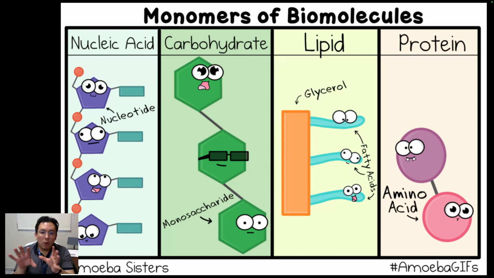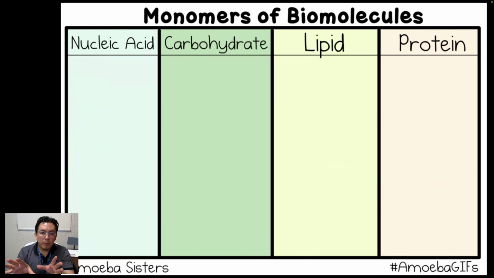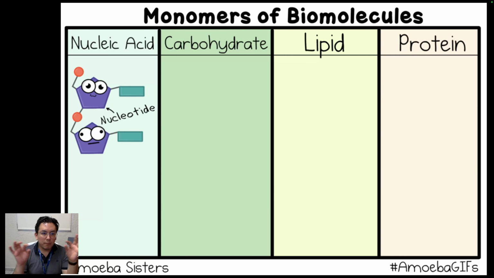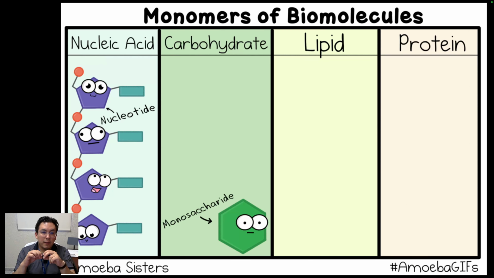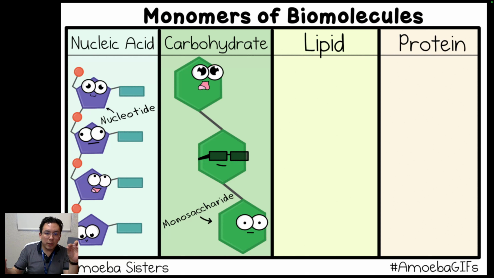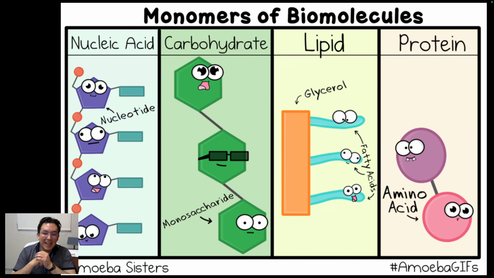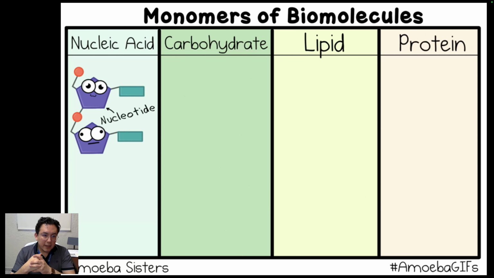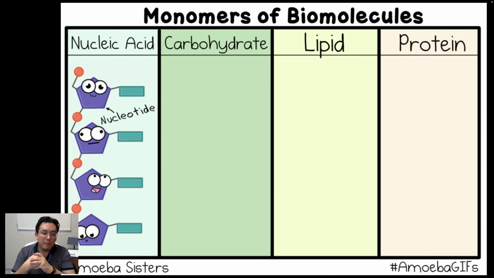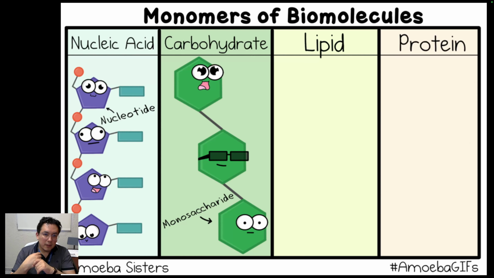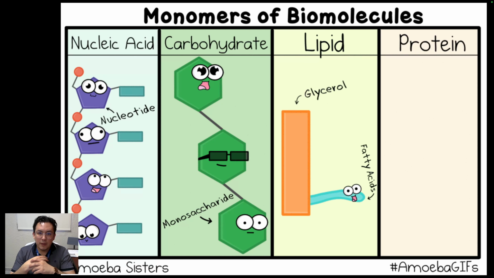Now, already here on screen, between the polymers, which are the big molecules on the top, and the monomers, which are the individual units on the bottom, there are already very similar aspects to them, which might actually confuse you. So nucleic acid, fatty acid, and amino acid, all three of these include acid within their names.